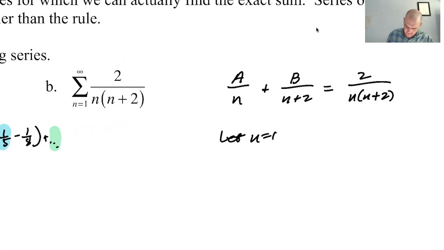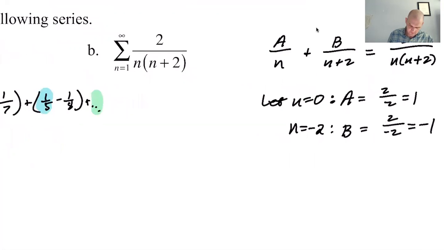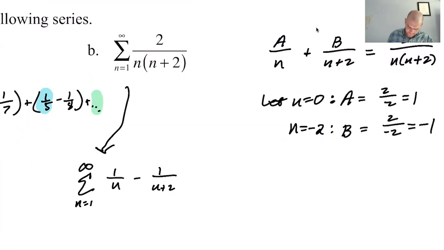If we let n equal 0, we'll know that A is equal to 2 over 2. If n is equal to -2, we'll know that B is 2 over -2, which is -1. So really, we're doing the sum from 1 to infinity of 1 over n minus 1 over n plus 2.